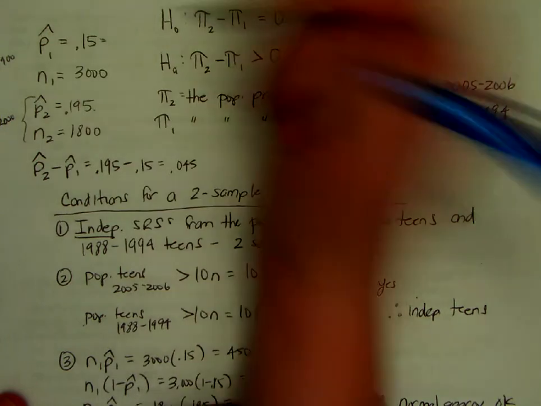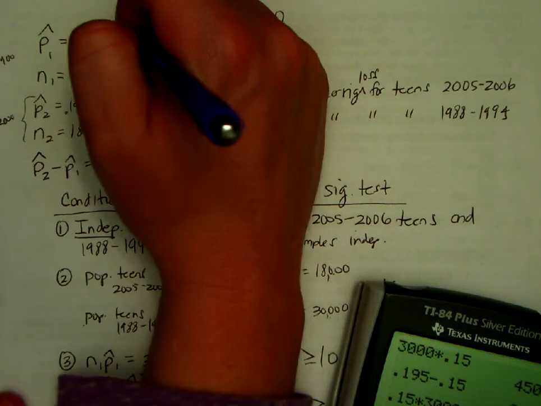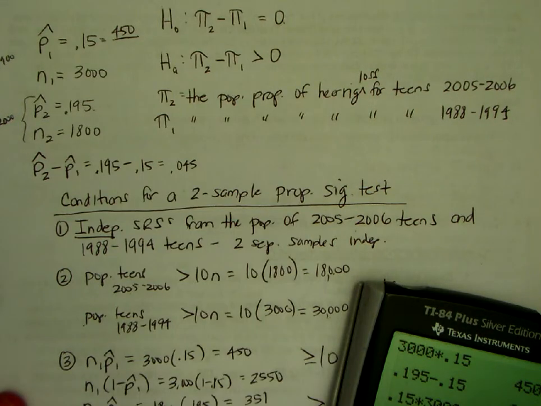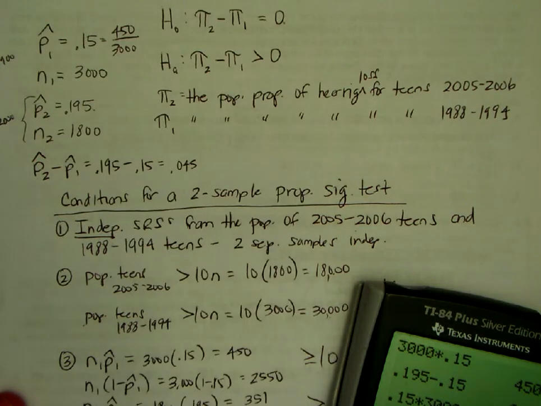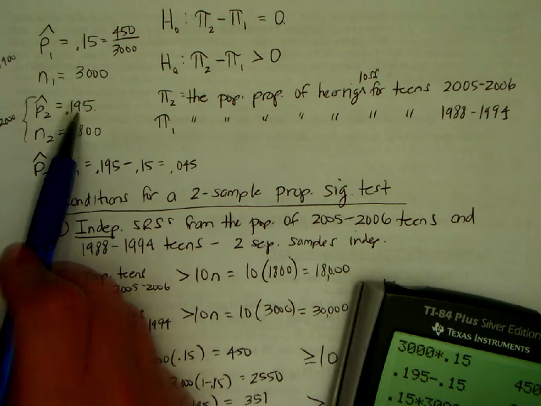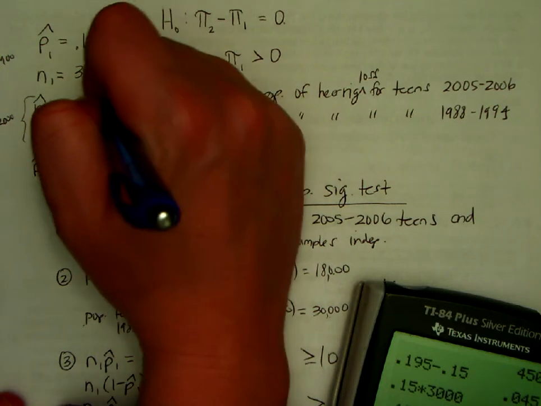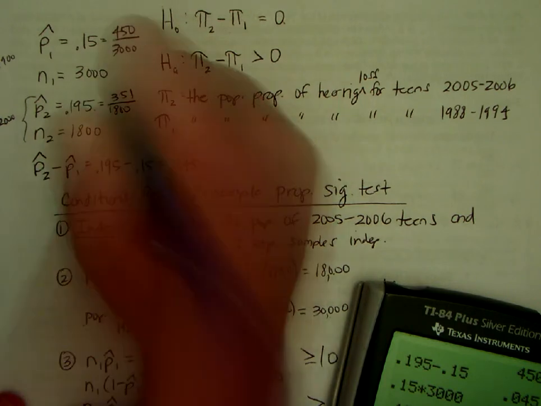So let's just look at here. So 15%, that came from, if I take 0.15 times 3,000, that came from 450 teens who were showing hearing loss divided by 3,000. And this 0.195 came from 0.195 times 1,800 is 351 divided by 1,800.